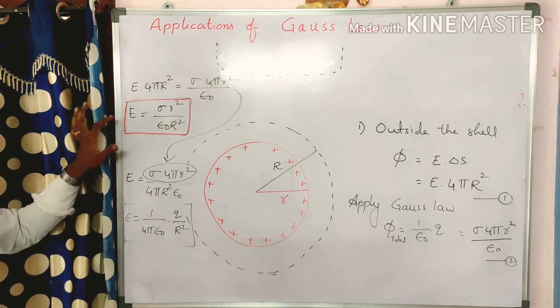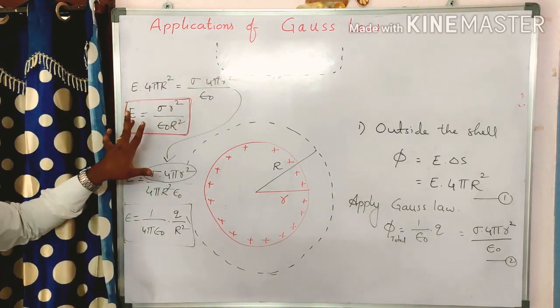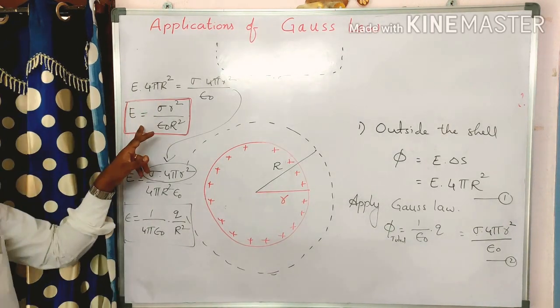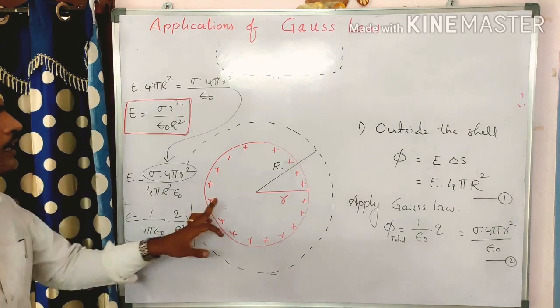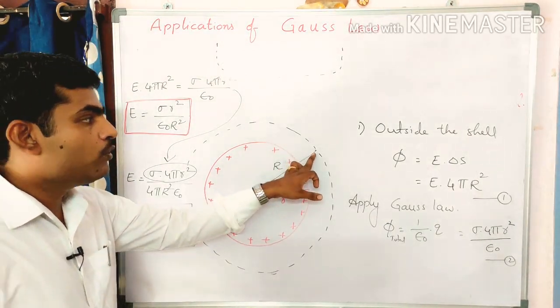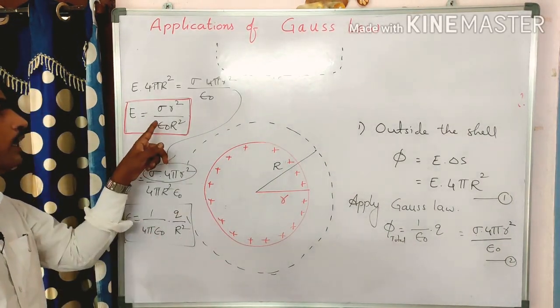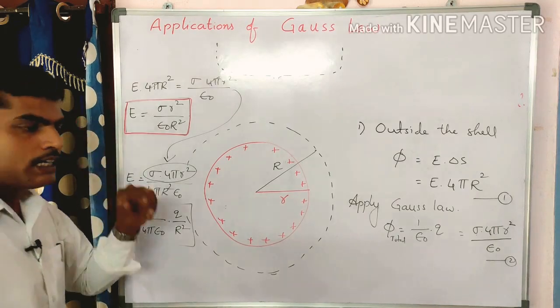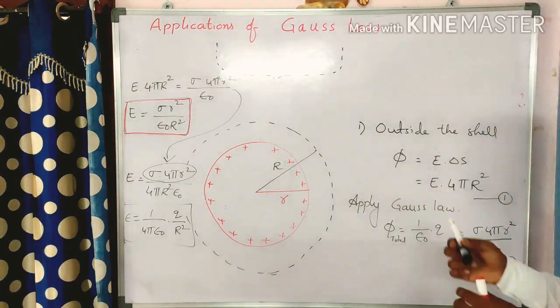These are the two forms you can write. By cancelling the 4 pi, E is sigma r square by epsilon naught r square. It depends on the radius of the spherical shell, the radius of the Gaussian surface you have taken, and the surface charge density sigma. This is outside the shell.